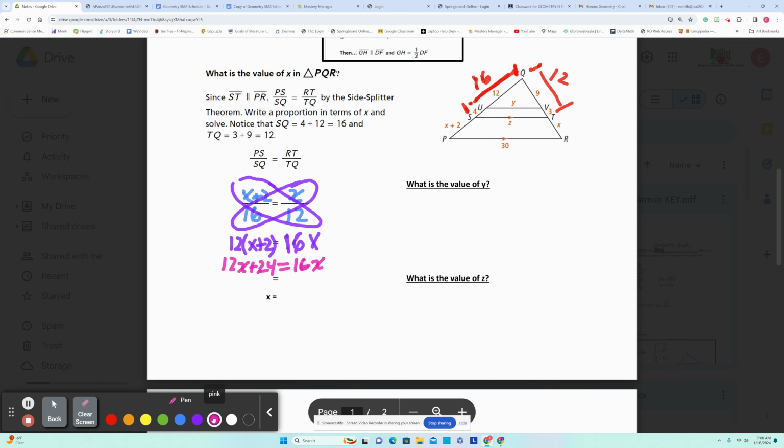Subtract the 12x from each side. That leaves you with 24 equals 4x. We divide both sides by 4, and we get x is equal to 6. So now we know that PS here is equal to 8, and we know that TR is equal to 6.